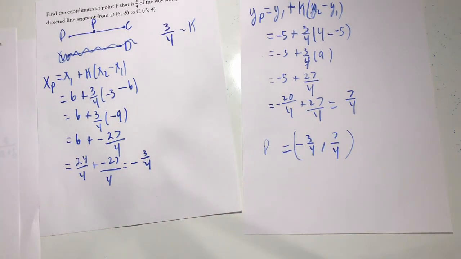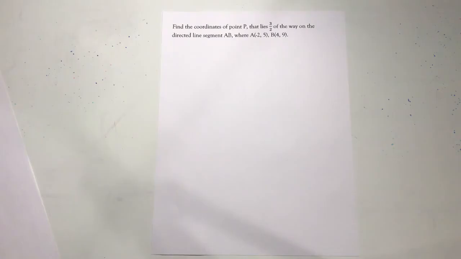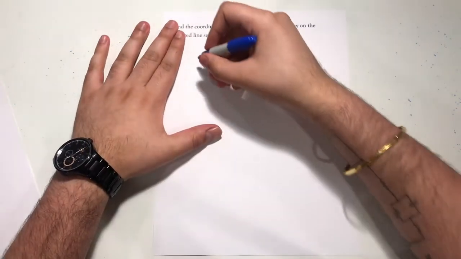Now we're going to do one final example. Here, we're asked to find the coordinates of point P that lies 3 halves of the way on a directed line segment AB, and they give us the coordinates of A and B. Now, I know you're sick and tired of me saying it, but let's draw a picture. Okay?